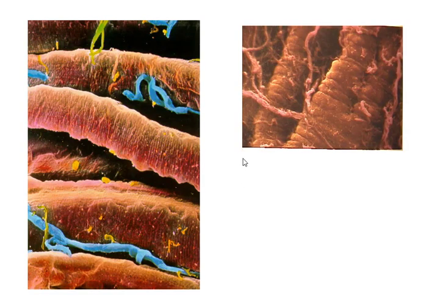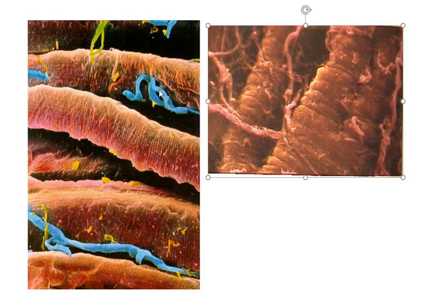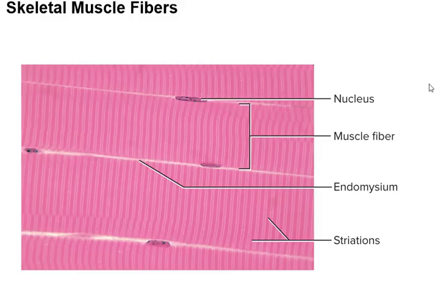Here's a couple of pictures I found using the electron microscope. Associated with these muscle fibers, we also have nerves, which will stimulate them, and you have blood vessels. Last chapter we talked about Endomysium, Perimysium, and Epimysium.